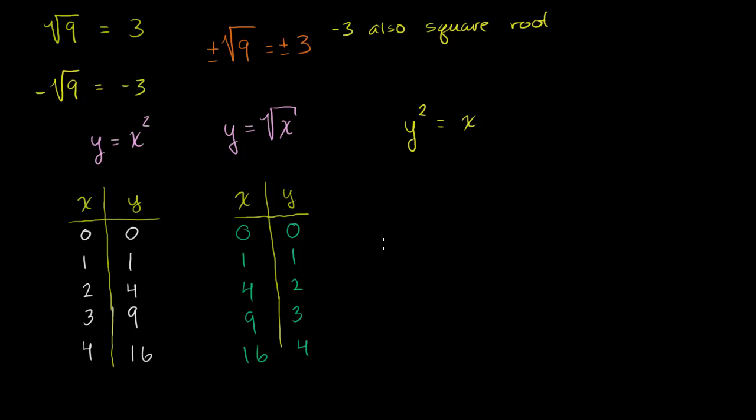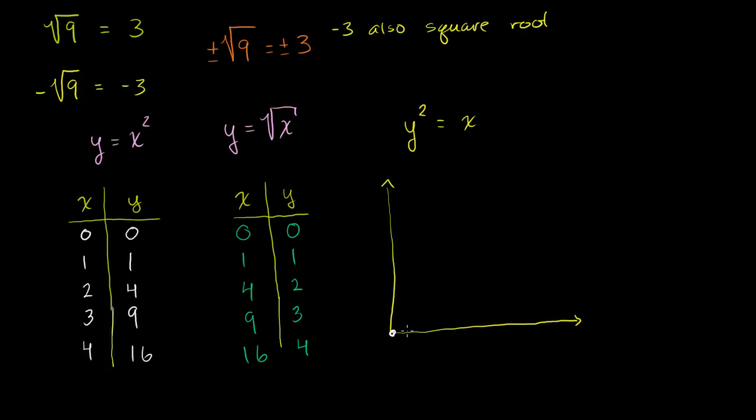Let me do them by hand, because I think that's instructive sometimes before you take out the graphing calculator. So I'm just going to stay in the first quadrant here. Let me graph this first. We have the point 0, 0, the point 1, 1, the point 2, 2. Actually, I'm going to have to do it a little bit smaller than that.